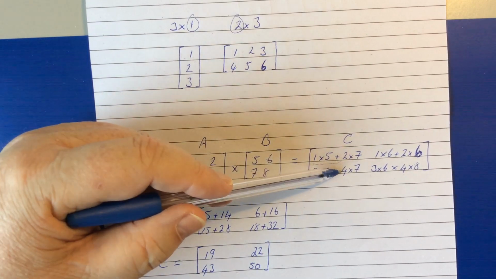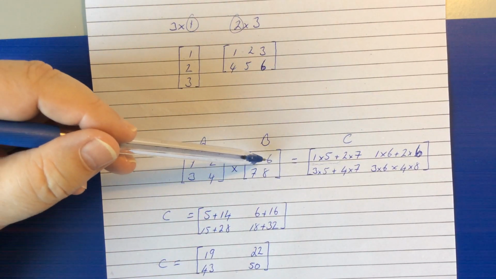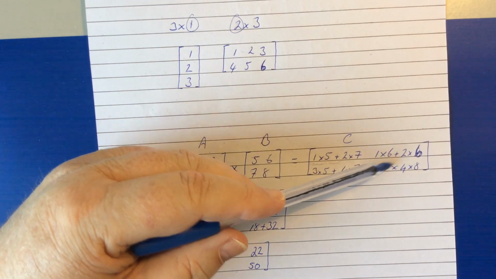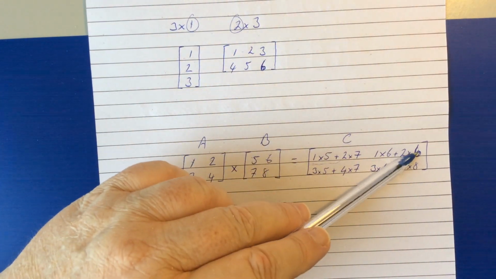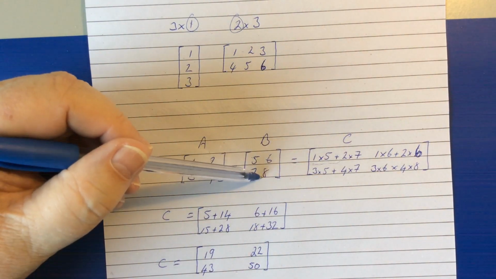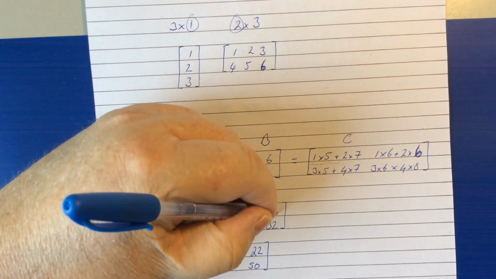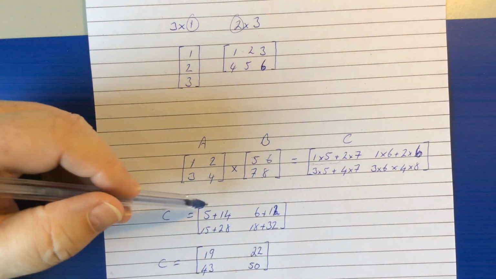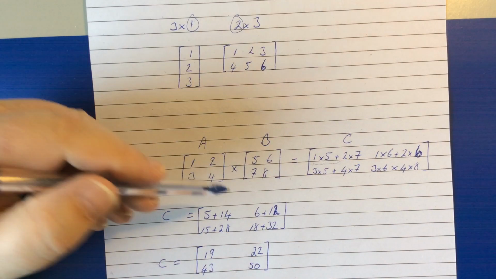So we get 3 times 5 plus 4 times 7. And then 3 times 6 and 4 times 8. Indeed, my misreading of this meant that I made a mistake here. So this should not be 16, it should be 12. And that's going to have an effect on this number here too. Anyway, what we get is 5 and 14.